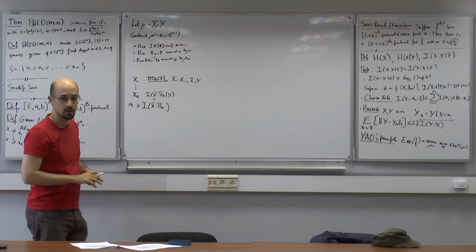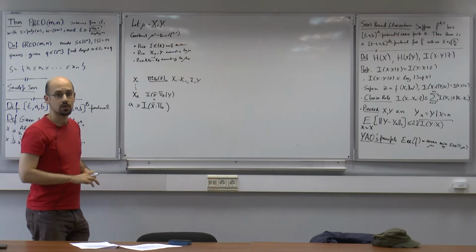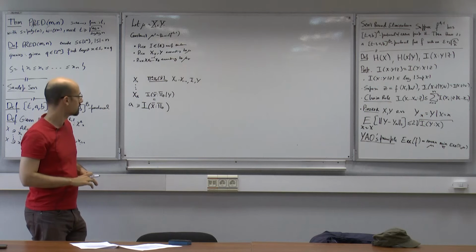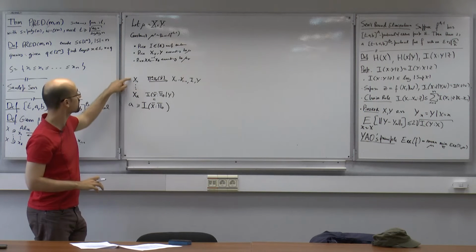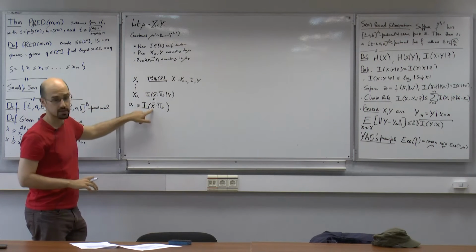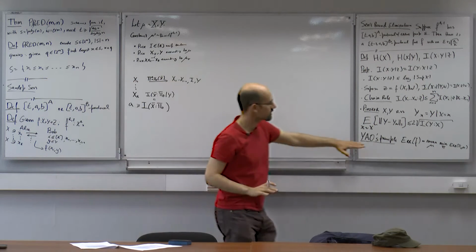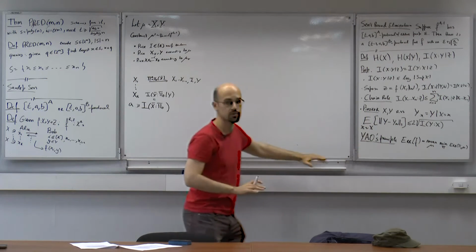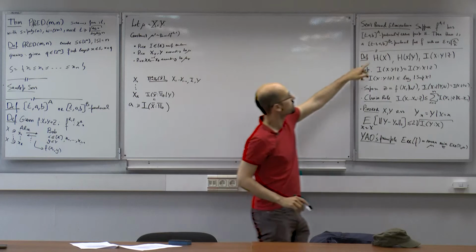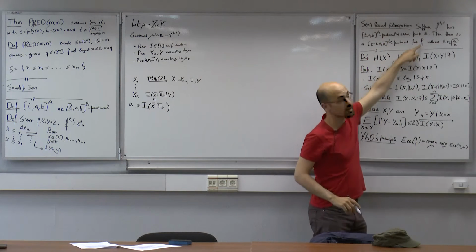The protocol is deterministic, but then the information is 0? No, because the protocol is deterministic, but the inputs are given by some distribution. Here I'm using Yau's principle. What am I doing? I'm trying to build a probabilistic protocol for f.